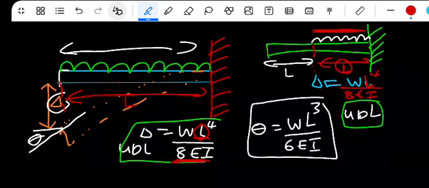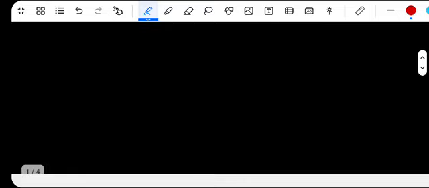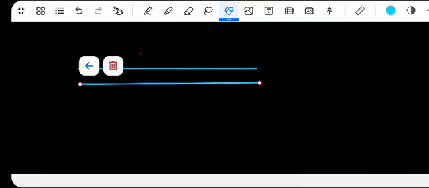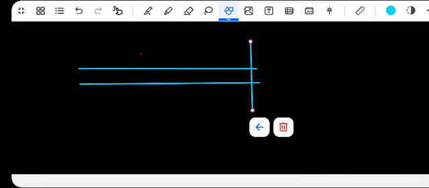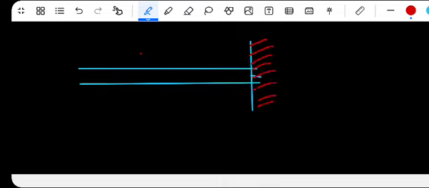But now, if you have this scenario that you must understand, let's say now you have it like this.